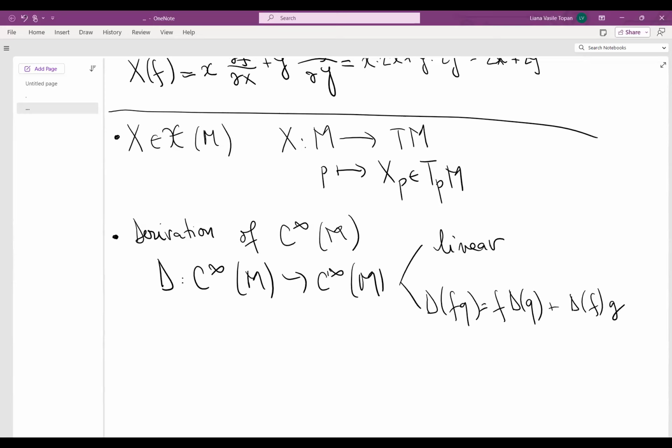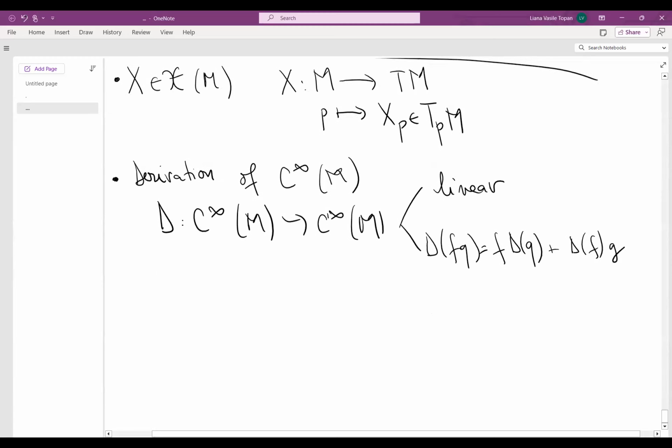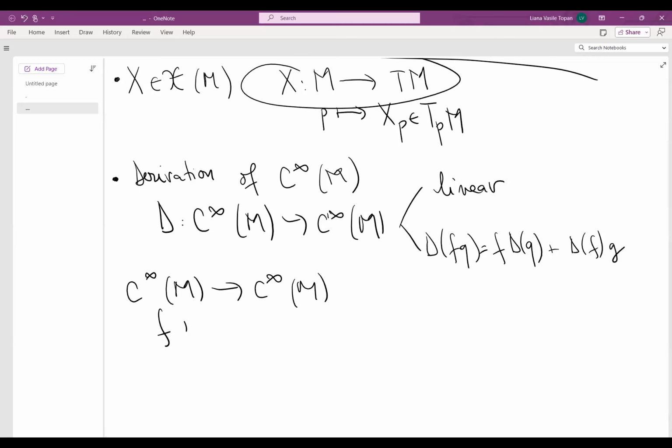You see, a dual way to see vector fields. So what we are doing is the following. We are going to take the following map from C infinite of M to C infinite of M. So X is our vector field. So we take f into X of f, right?